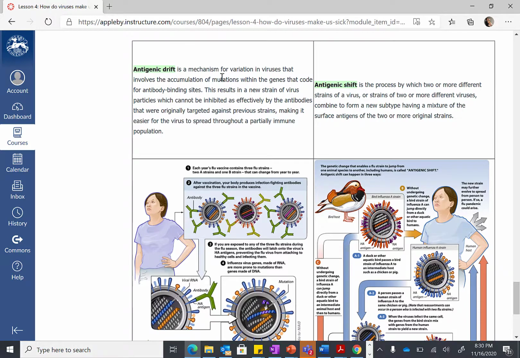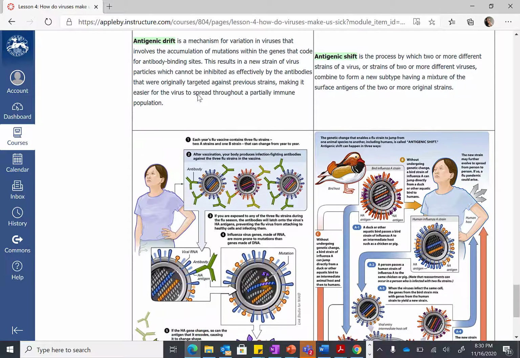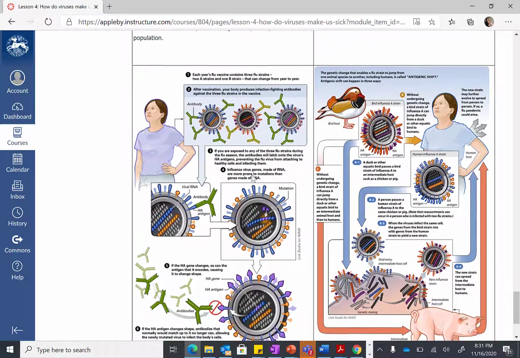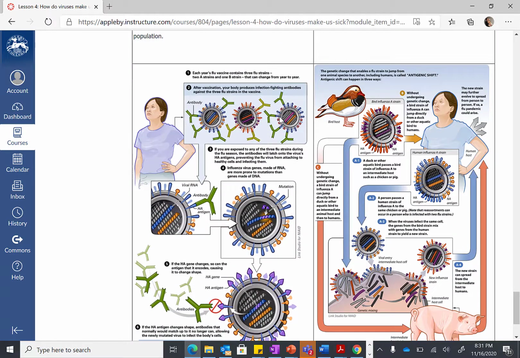So with antigenic drift, this is the reason why we have to get a new flu vaccine every year. If you remember back from grade 11 bio, you'll know that mutations in genetic material are random. And if a virus mutates, it can result in the production of new proteins.